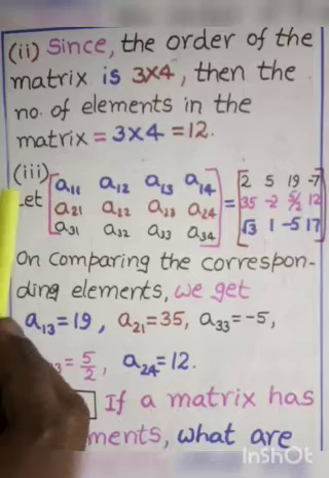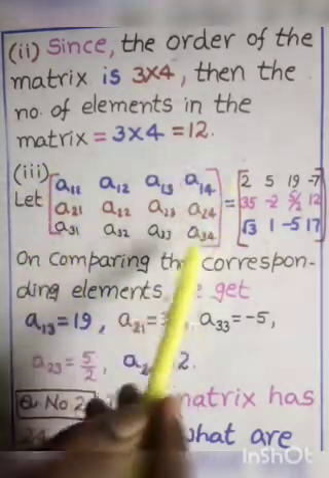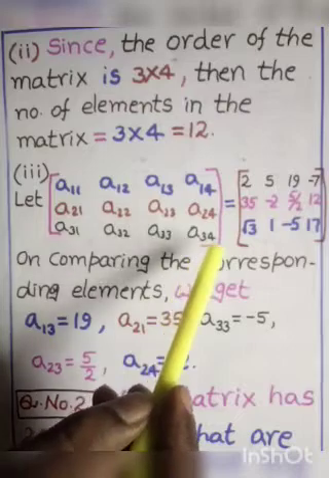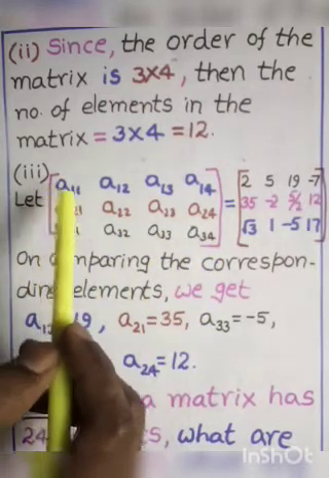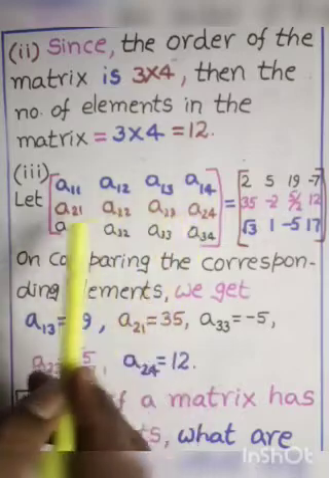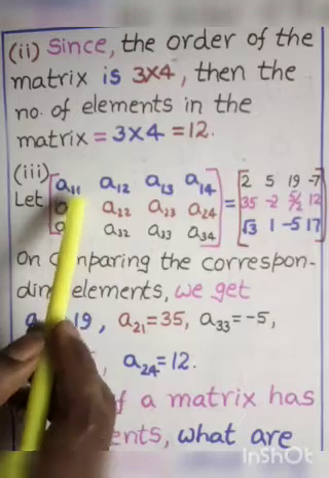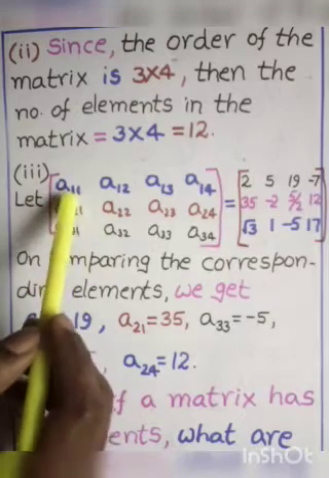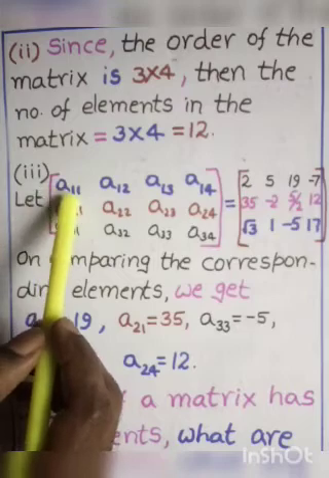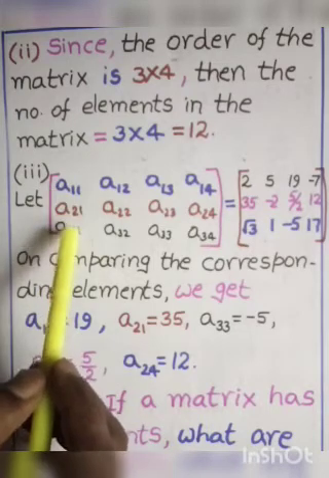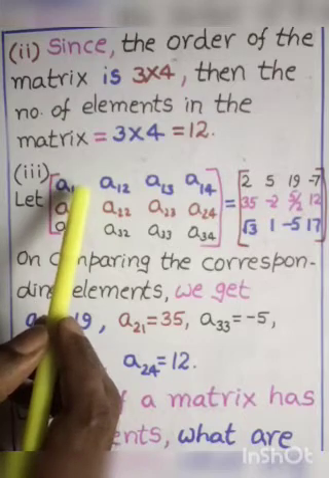Now come to the third part of the question. This is the general form of a 3 by 4 matrix. We are taking the general form of a 3 by 4 matrix. First element is denoted by A11. In this notation, there are two numbers. Okay, my dear children, the first number denotes the number of the row, and the second number denotes the number of the column.